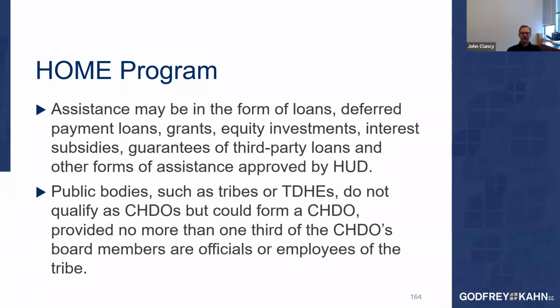The assistance can be in a lot of different forms. It can be a loan, or sometimes a forgivable loan, sometimes deferred payment loans, grants. It could be a form of equity investment, an interest subsidy, or a guarantee of third-party loans. So a variety of forms of assistance that are approved by HUD, which is the agency this comes through, but it's not through the HUD ONAP office.